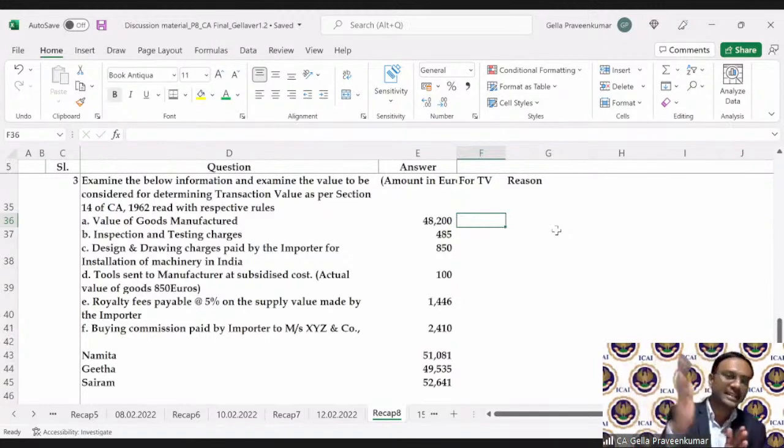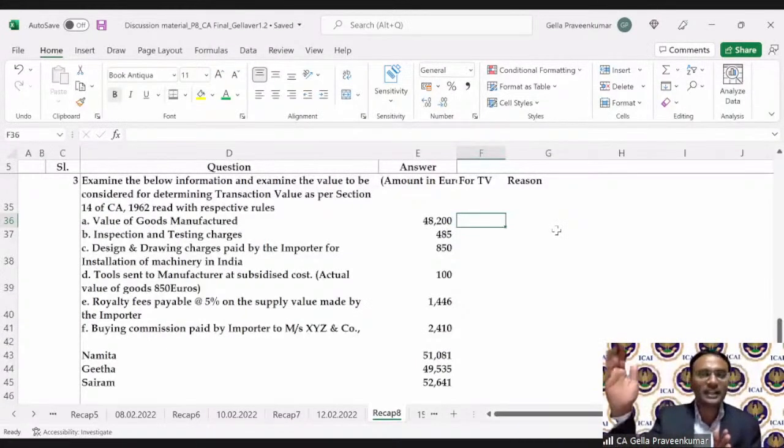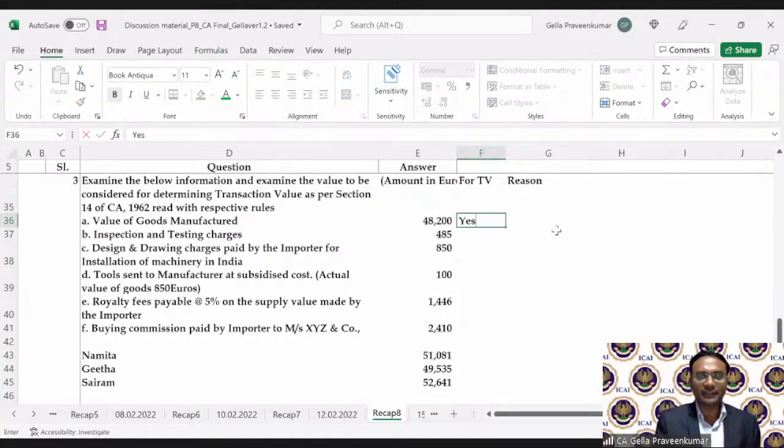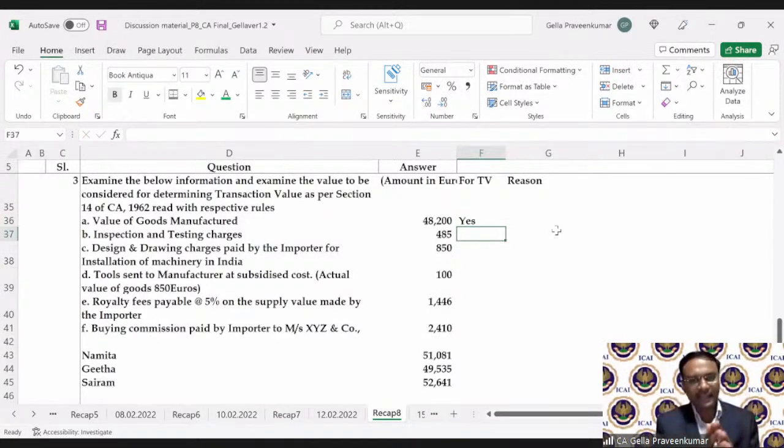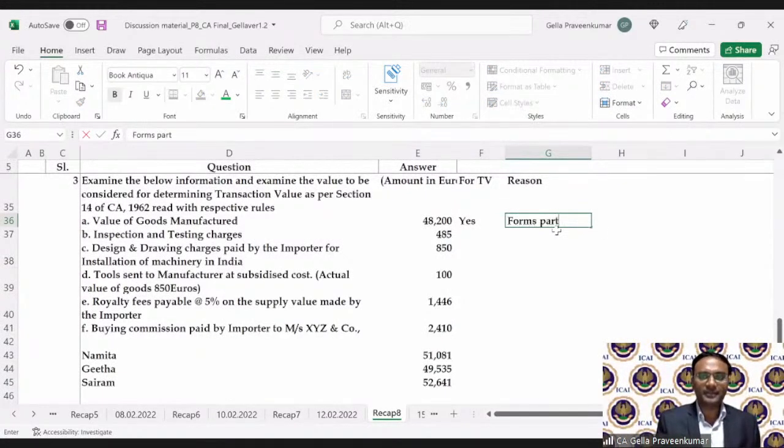Whatever transaction value was declared, in addition to that, please look at your Rule 10. That's how my Rule 10 comes into play. Now, value of goods manufactured for transaction value, definitely this is a main ingredient. I'll take that into consideration. It forms part of the cost of goods imported.